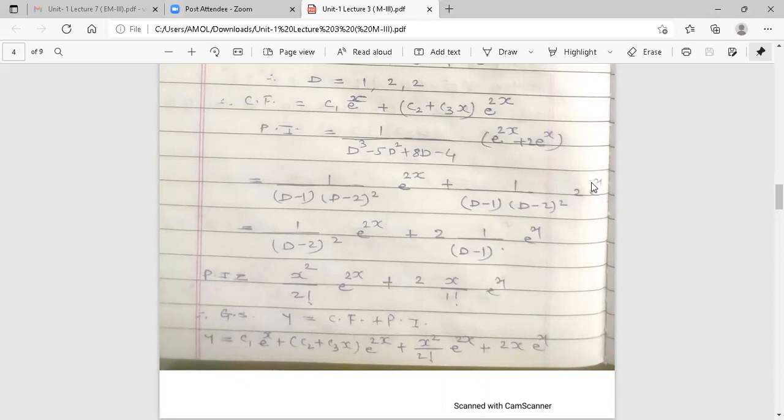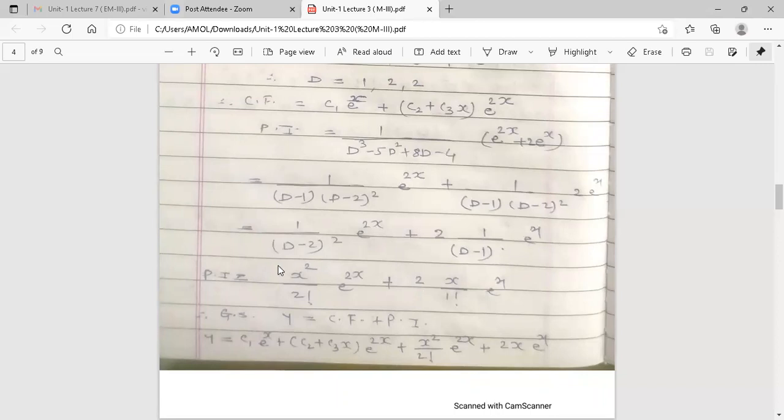The coefficient is 1, so replace D by 1. 1 − 1 is 0, so it is the case of failure. So solve for D − 2 first: 1 − 2 is −1, and (−1)² is 1. So this is the next term, 2 upon (D − 1) e^x.